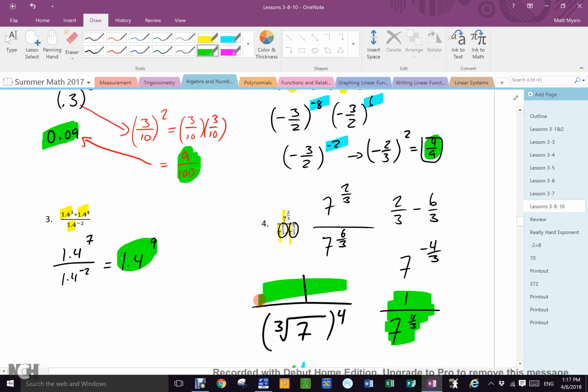This is also right. Okay? This one is called exponential form. And this one is called radical form. They're the exact same thing.